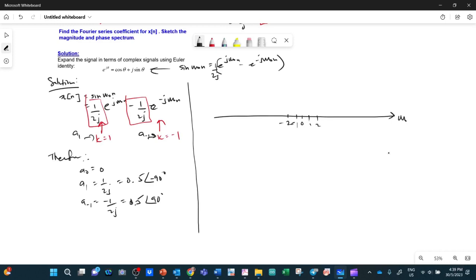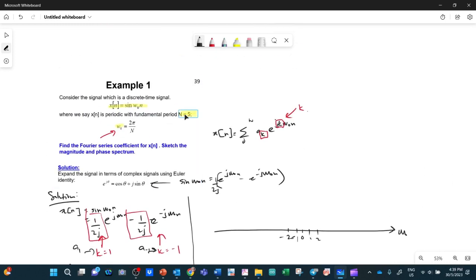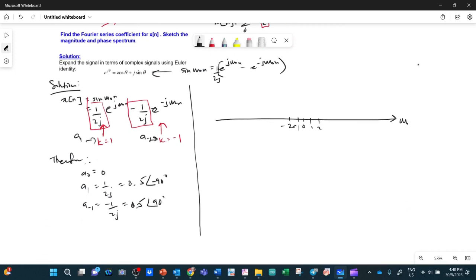But don't forget that in the question, the fundamental period is N equal to 5. So let me write here until 4, 5, 6, minus 3, minus 4, minus 5, minus 6. Let's plot based on what you have here.